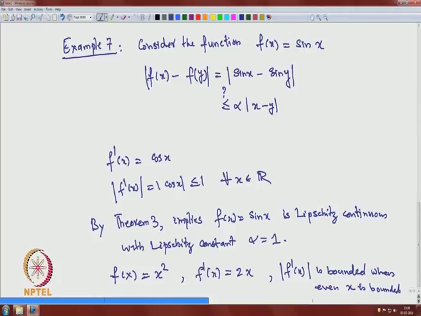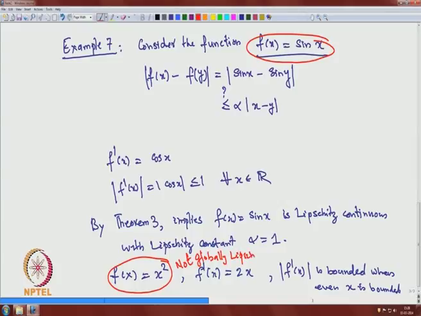And if you look at the function f(x) equal to sin x, it is globally Lipschitz, while f(x) equal to x squared is not globally Lipschitz, but it is locally Lipschitz.